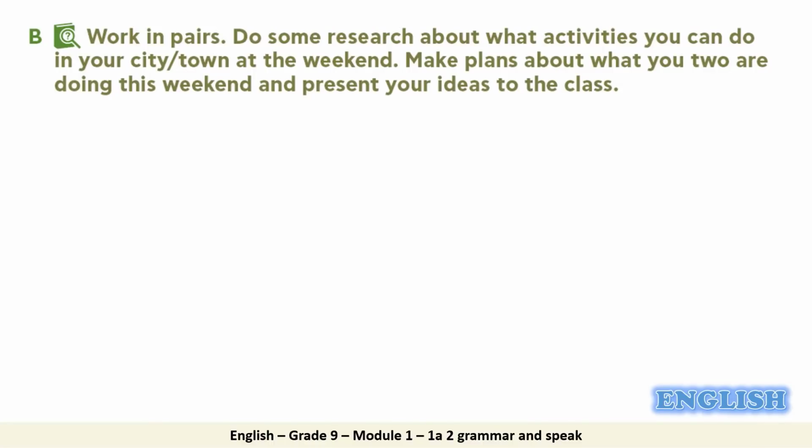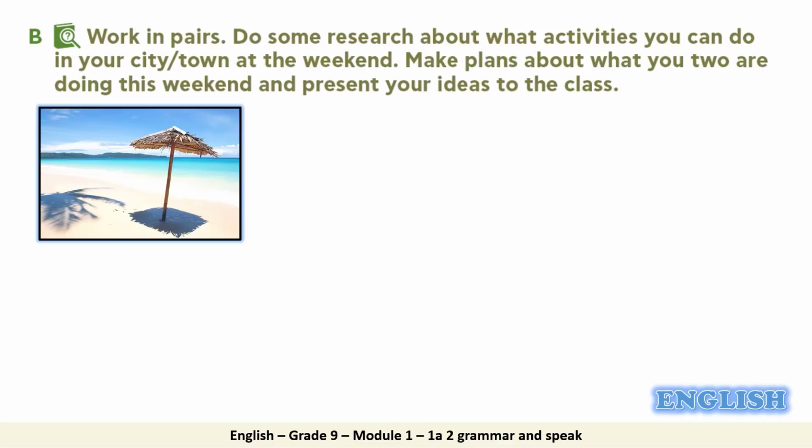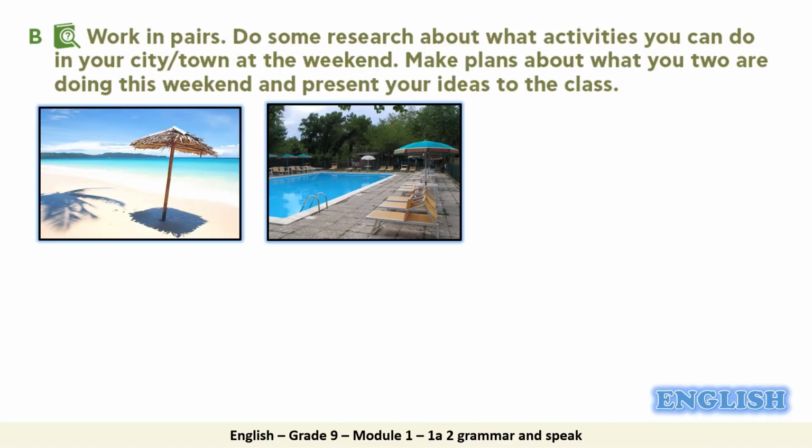Speaking activity B. Work in pairs. Do some research about what activities you can do in your city or town at the weekend. Make plans about what you two are doing this weekend and present your ideas to the class. Here are some pictures. They might help you.